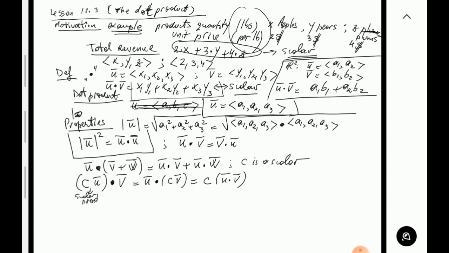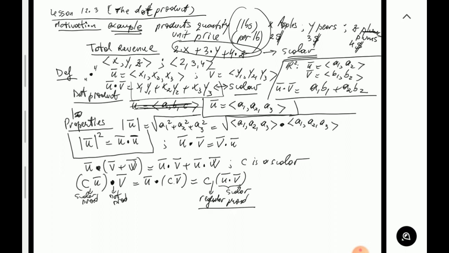In the first parenthesis is the scalar product. This is the dot product. And in the last equality, because this dot product gives you a scalar, in parentheses I have a scalar times another scalar, which is the regular, old-fashioned product from real numbers.